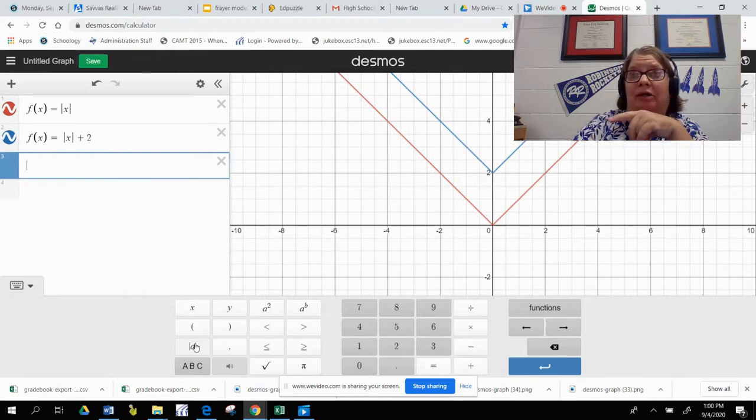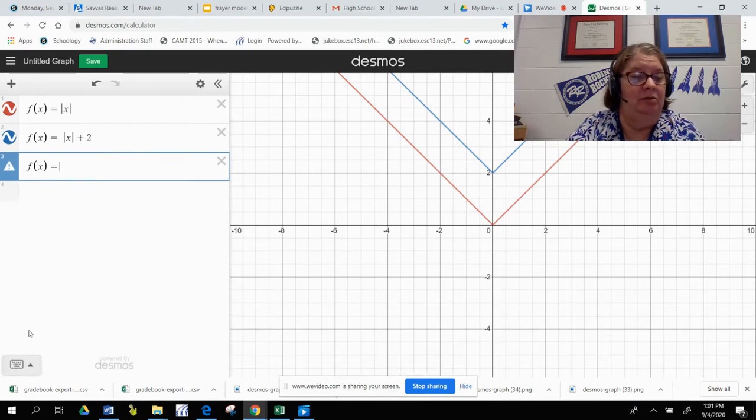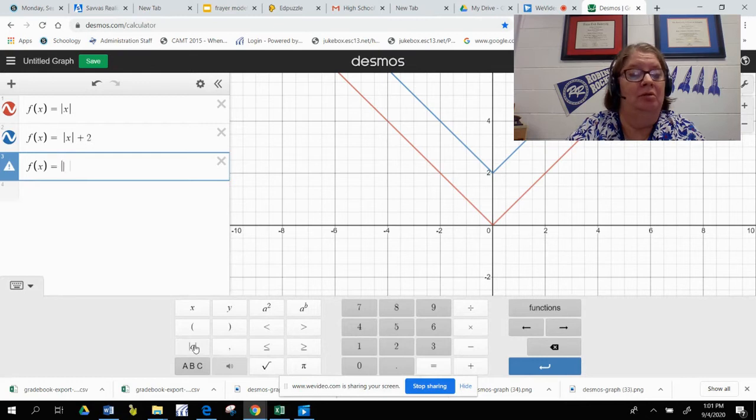So we see what happened to that graph. We added a number outside the absolute value bars. Let's try that again. Let's add a different number. f of x equals absolute value x, right arrow, plus 5. That's green. Do you see it?